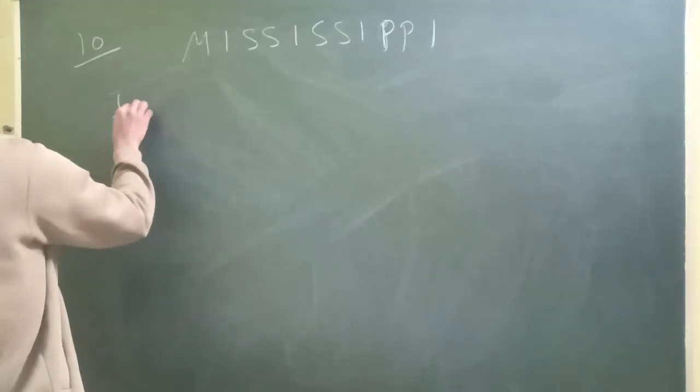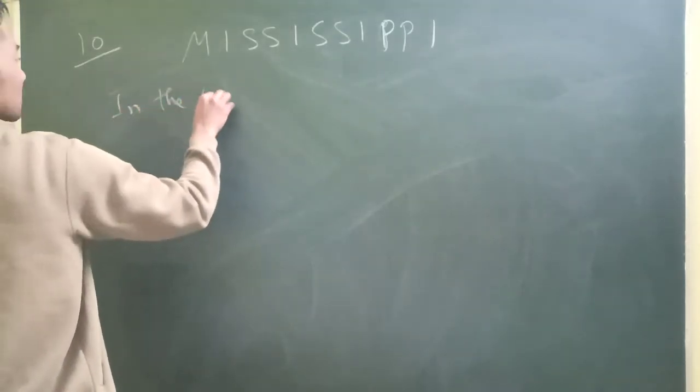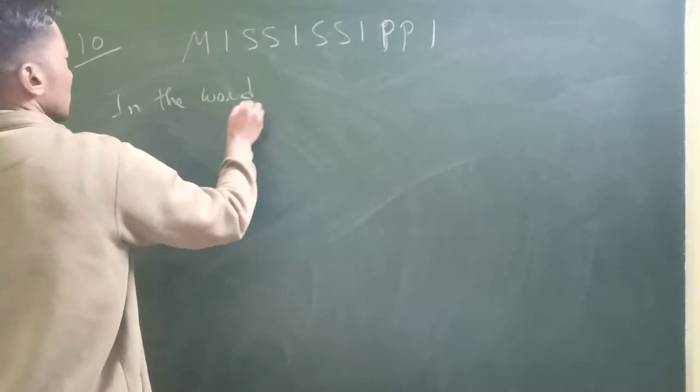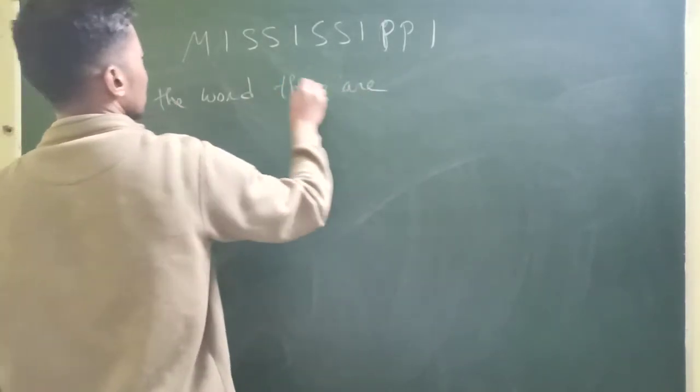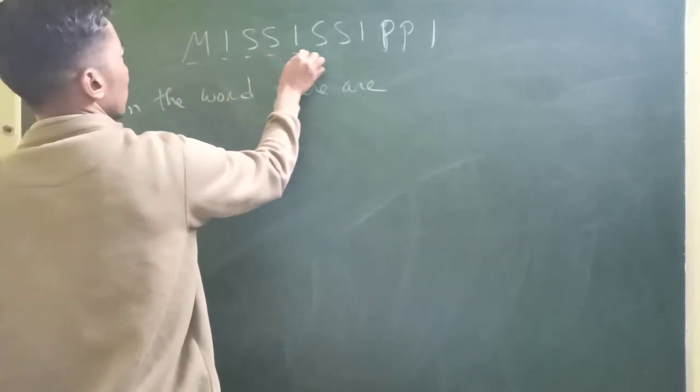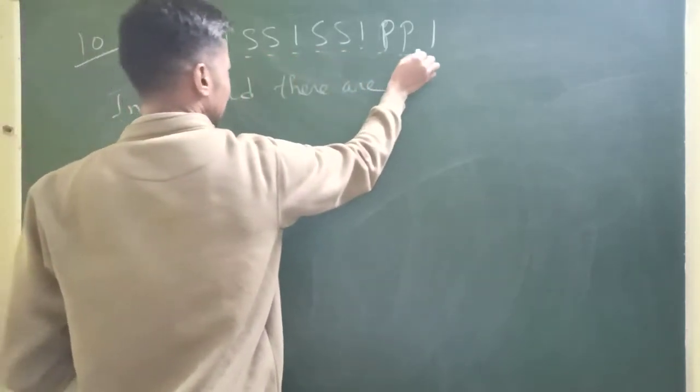So, in the word, there are how many letters? 1, 2, 3, 4, 5, 6, 7, 8, 9, 10, 11.